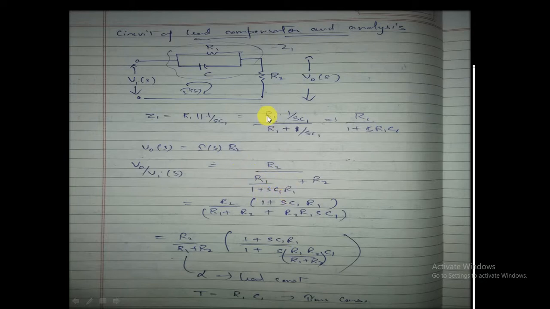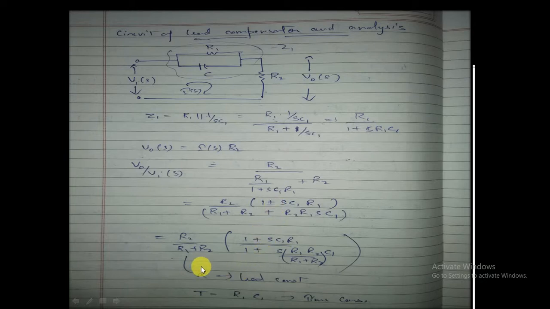This is the Z1 that we calculated here, and this total is Z1, and this is R2. So total resistance will be this total. If we keep on solving this and taking common R2 by R1 plus R2, you can see the calculations here.